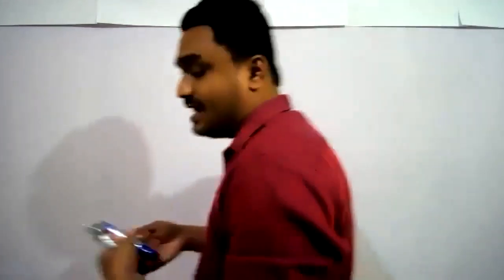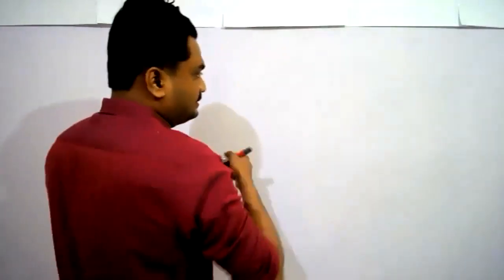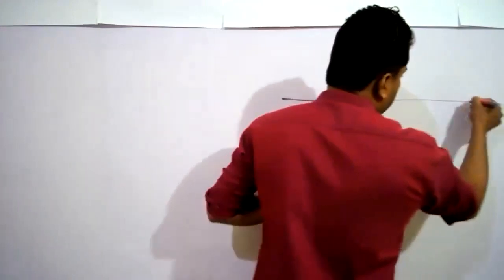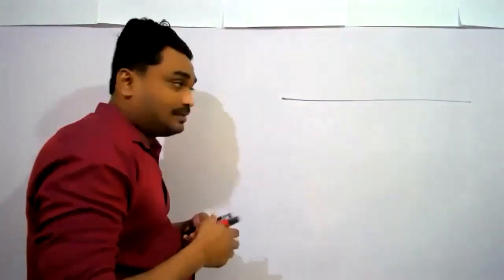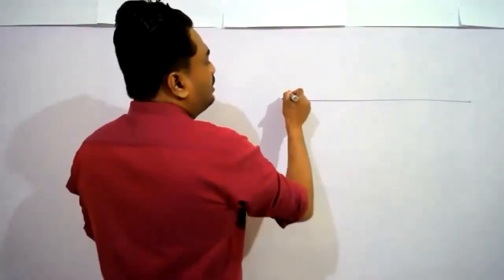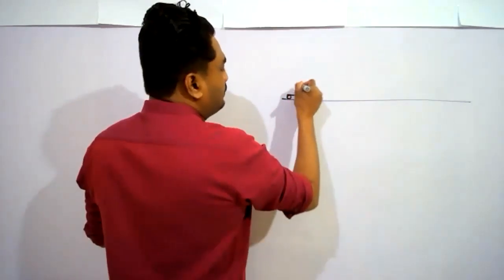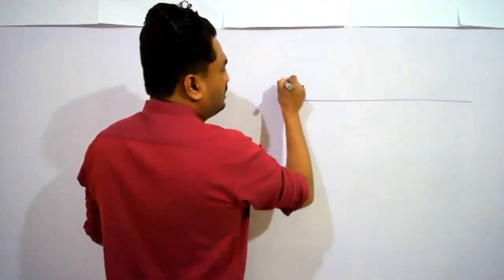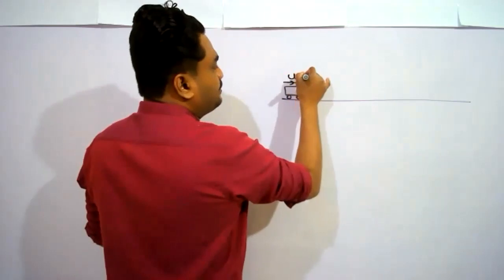Right. Look at the board. I have asked you to consider an object, and that object is moving along a straight line path, something like this. Initial velocity of this object is u meter per second.